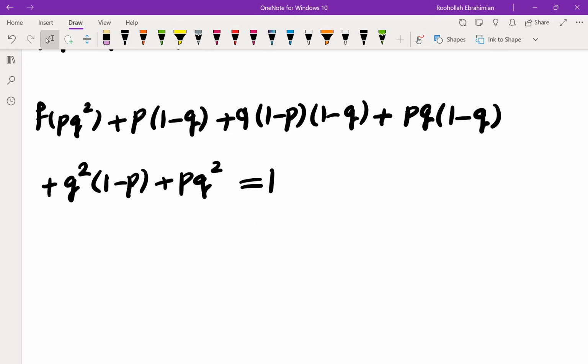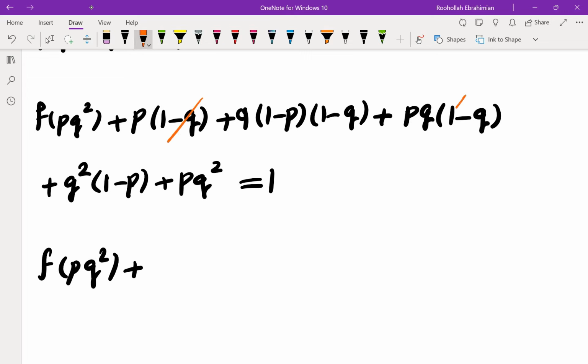Let's simplify and see what we get. This gets a little bit computational. I will give you a better method for this one, which requires a little bit of knowledge from number theory, but I'll talk about that after I'm done with this one.